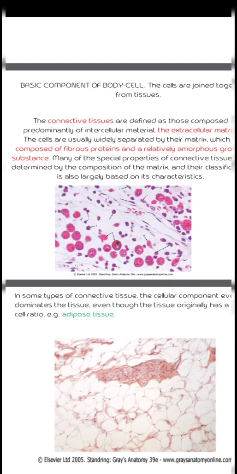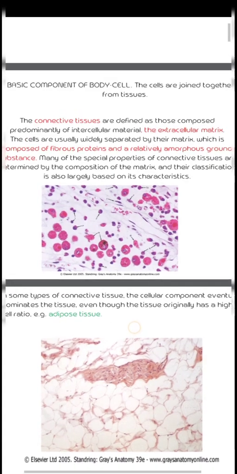It is just like a jelly with ground substances. What is ground? Ground means minced, like mince meat, in which there are tiny particles. So it doesn't have any particular shape or size.